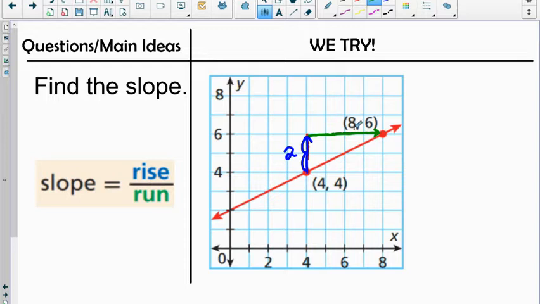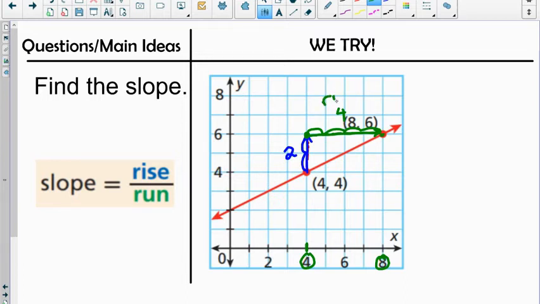For the run, now we're looking at our horizontal distance or even our x values. It started at an x value of 4, because this point here is right above the 4. As I went across, this point ended at 8. So from 4 to 8 is a change of 1, 2, 3, 4 units.